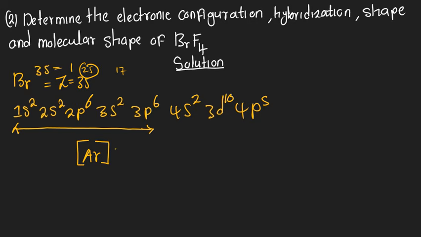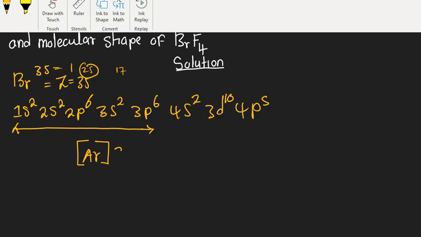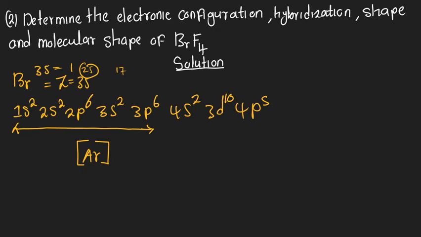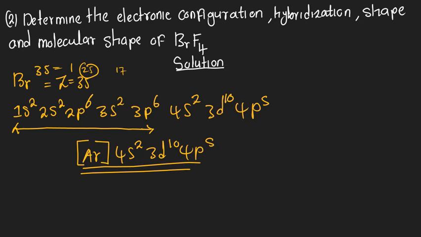Then we say 4s2, and then 3d10, 4p5. That's its electronic configuration. Now they are saying hybridization.